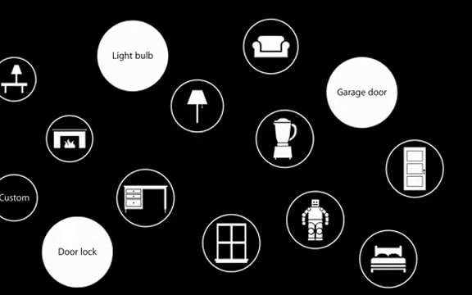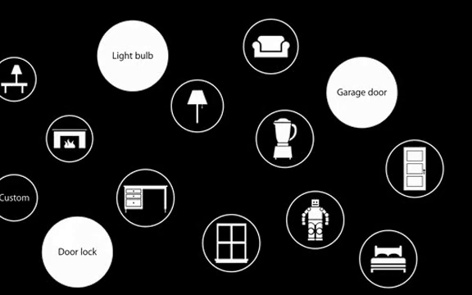Now, in creating HomeKit, we have put in a lot of effort to define a common language for us to use to talk to accessories. But we can't define every kind of accessory that all of our clever accessory manufacturers are going to invent.